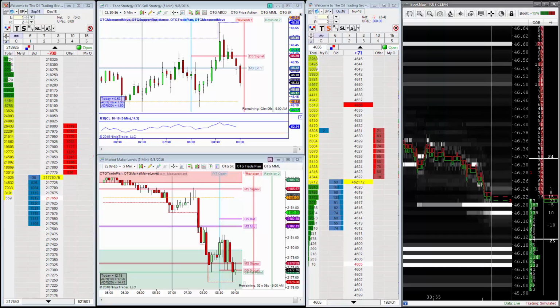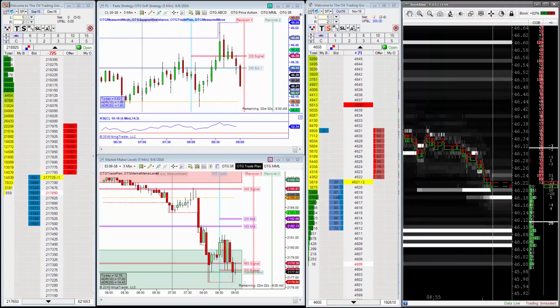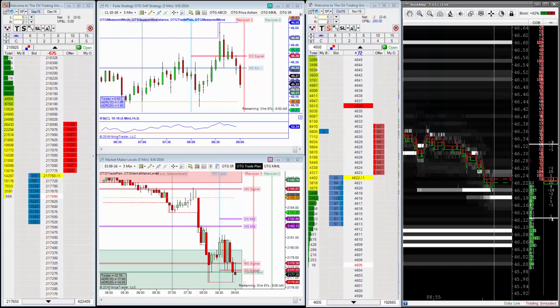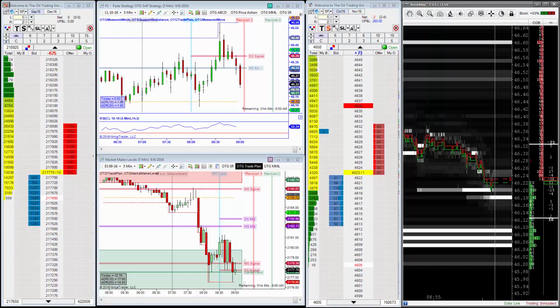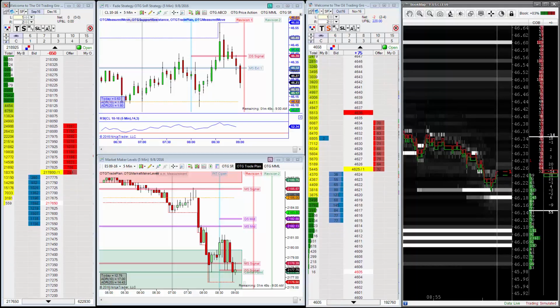Stop right now is 31. There's 21. Let's go 20, 19. Get through 20. There's that volume at 20 that we just talked about. You just hit into 20. You had 65 hit the bid at 20. You've got liquidity at 18 as well.